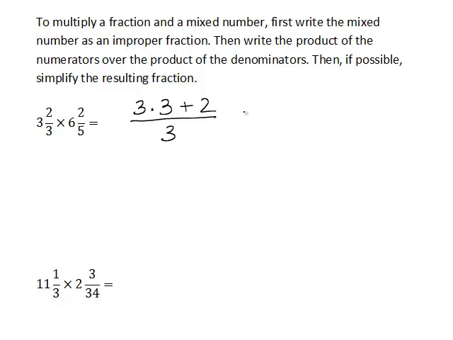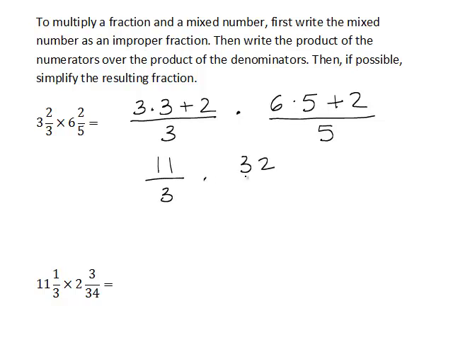Of course, we'll reduce it. But we're going to multiply that by 6 multiplied by 5 plus 2 over the original denominator, 5. So here we have 11 over 3 multiplied by 32 over 5.